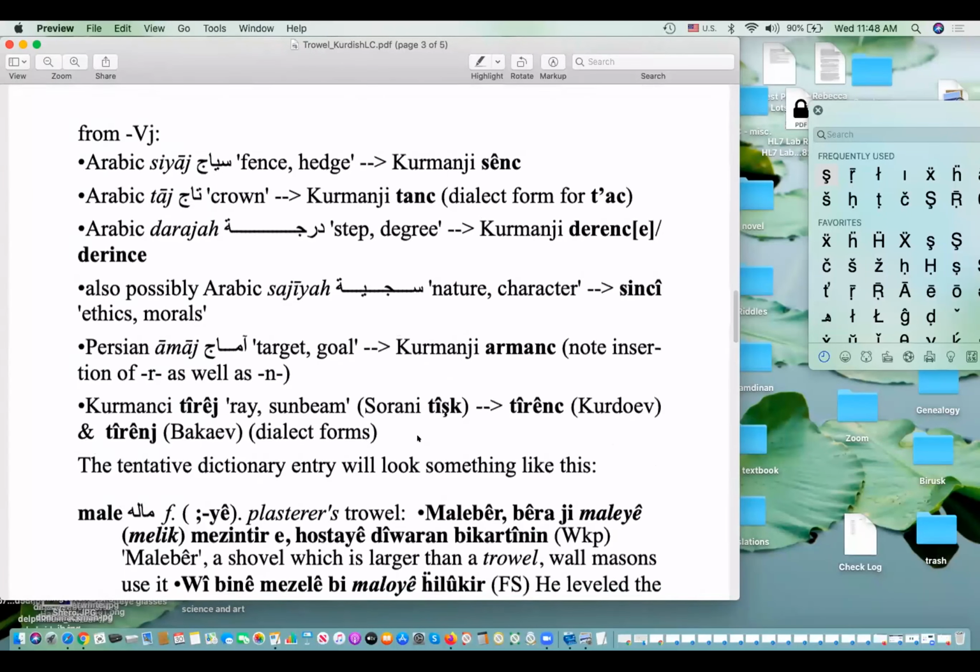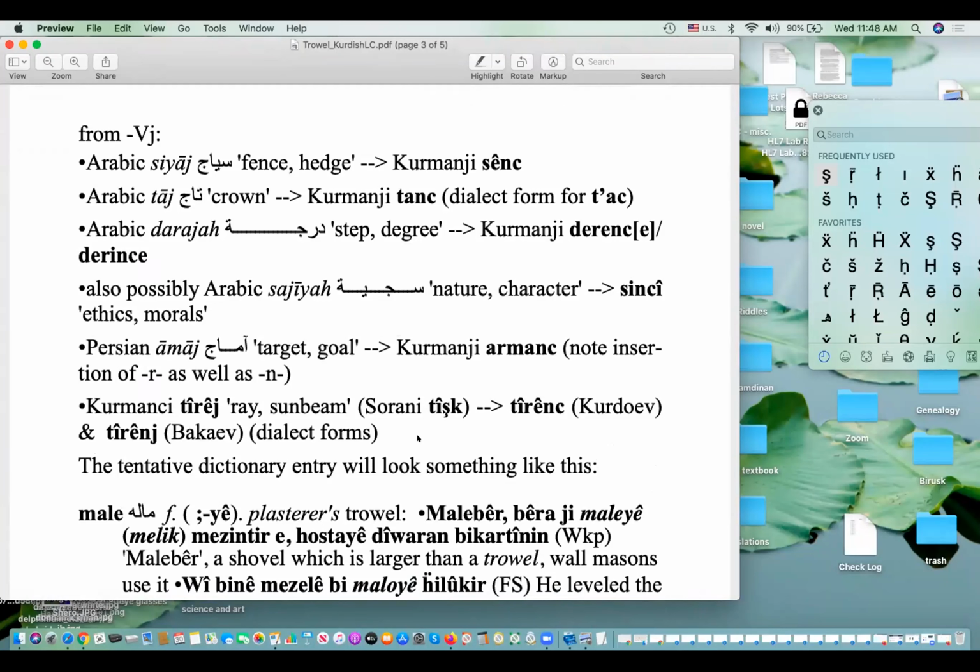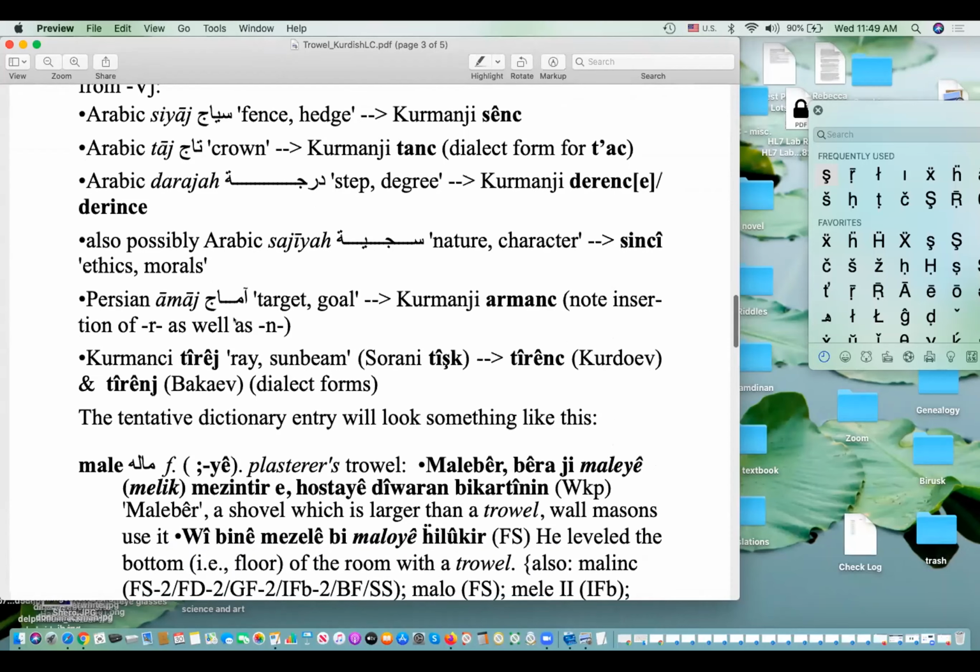So Arabic siaj, meaning a fence or a hedge, became Kurmanji sanj. Arabic taj, meaning a crown. In Kurmanji, you have tanj, which is a dialect form of taj. Arabic daraja became Kurdish darenj or darenje or darinje. Possibly Arabic sajia, meaning nature or character, yielding sinji, ethics or morals in Kurmanji.